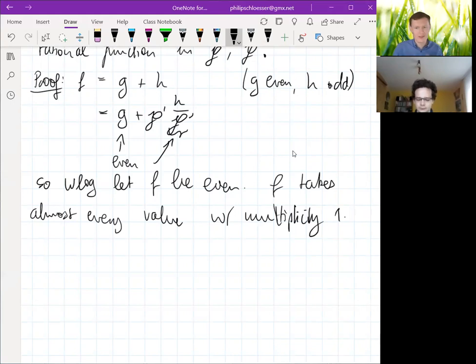Meaning that really it is taken at a lot of different places, but with multiplicity 1. And I guess this is basically a Baire argument, but never mind.